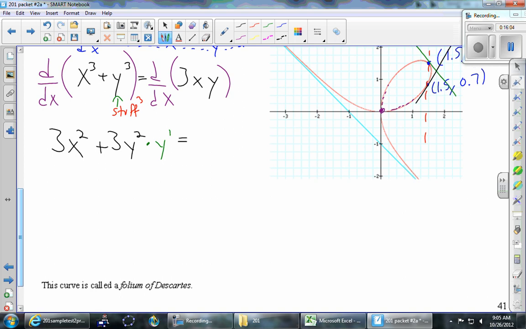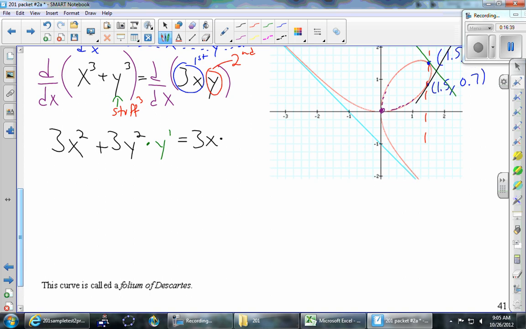Equals 3xy. What rule for finding the derivative? That's the product rule. It's the multiplication rule. I'm going to go ahead and circle 3x as my first term, and then y can be my second term. Let's find the derivative using the product rule. So we go first times derivative of the second. Copy the first times, what's the derivative of the second?